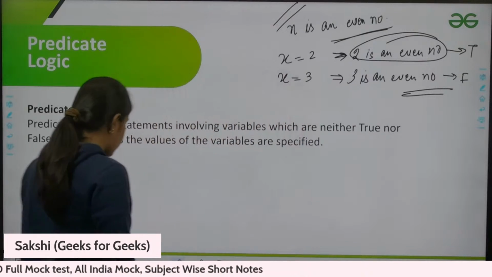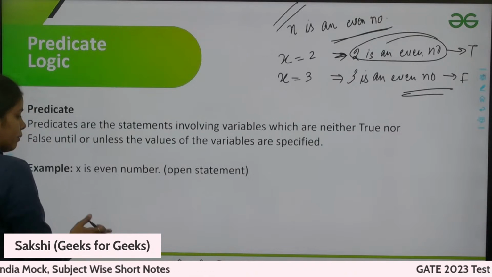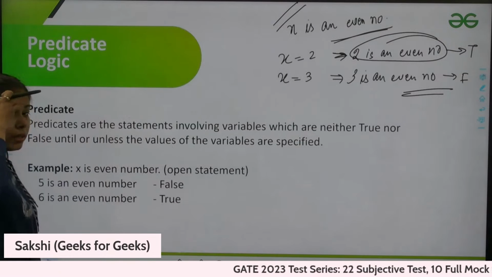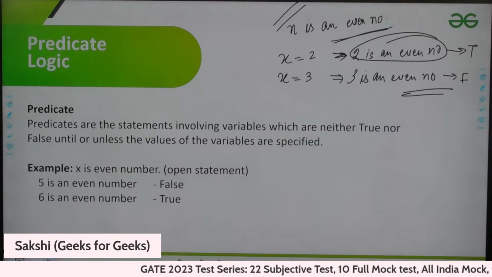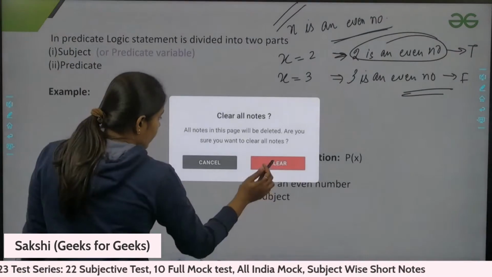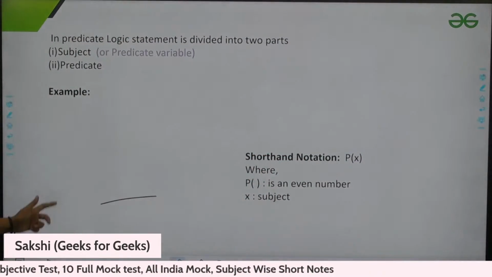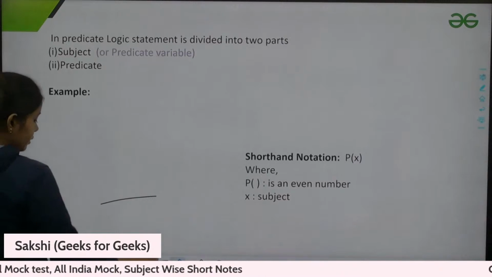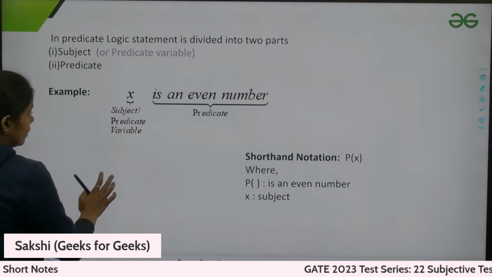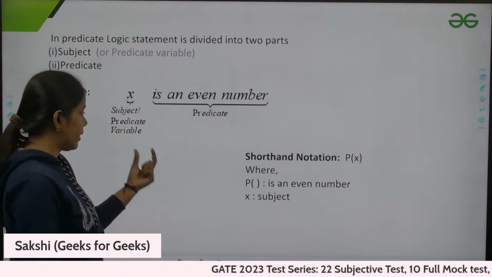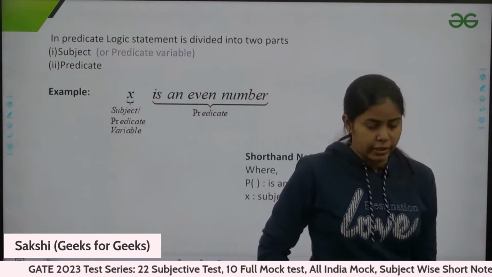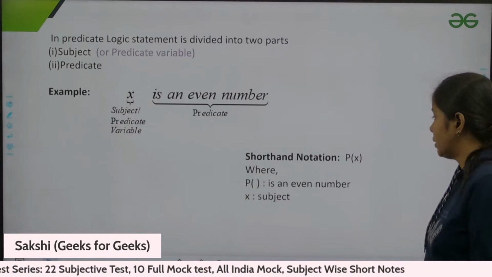Okay. Next, this is an open statement, right? The example which I have taken above, the same example I have written down here. And we'll have a subject and a predicate in this statement. This x is the subject variable, and the later part is the predicate.